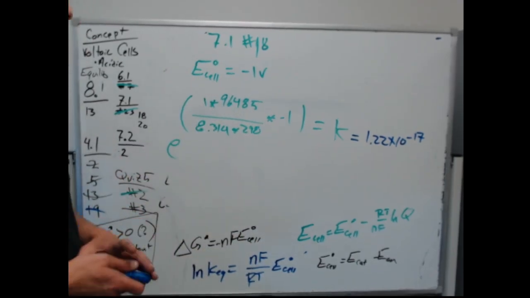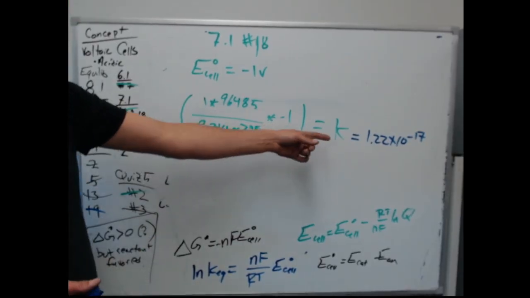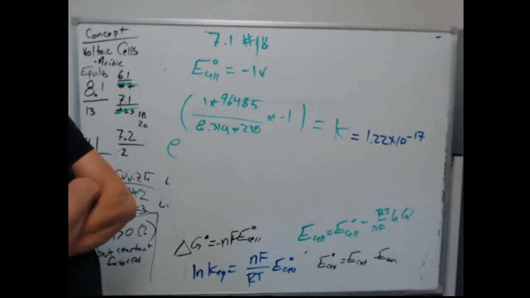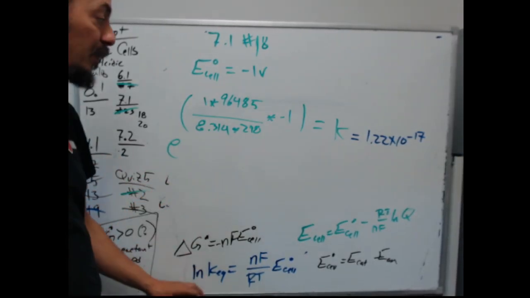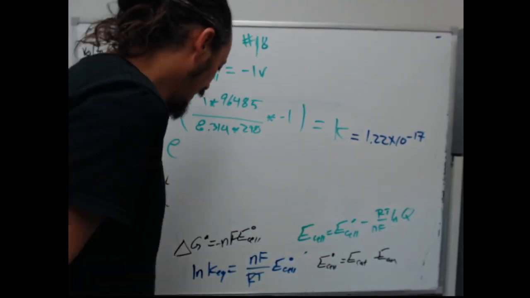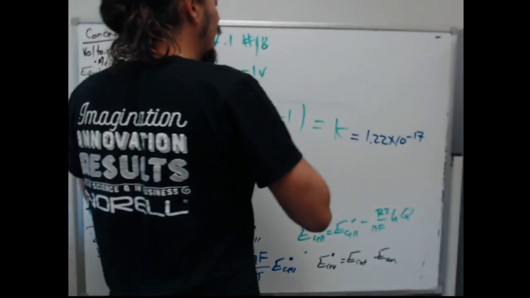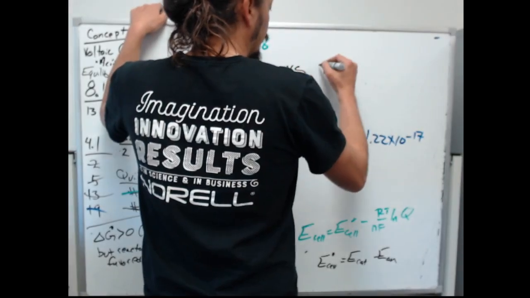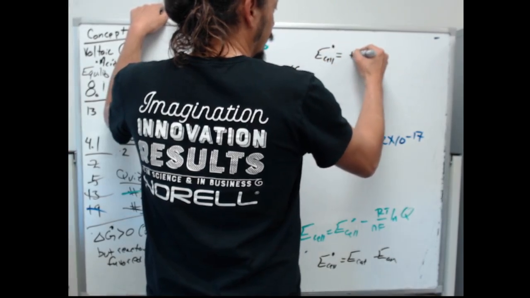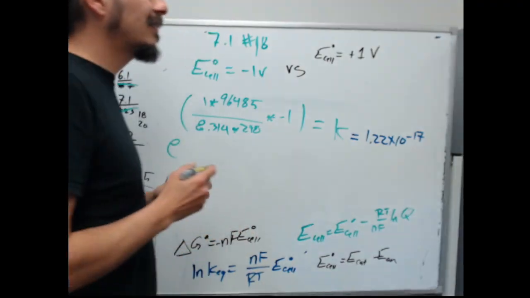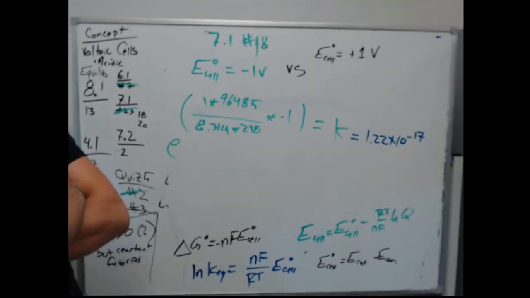Also notice that even with a negative 1 volt, our equilibrium constant is pretty massive. If that was a positive one, let's compare to a positive 1 volt. Why is it so impressive to do it for positive 1 volt?